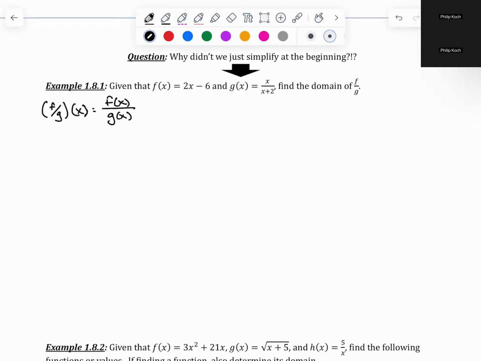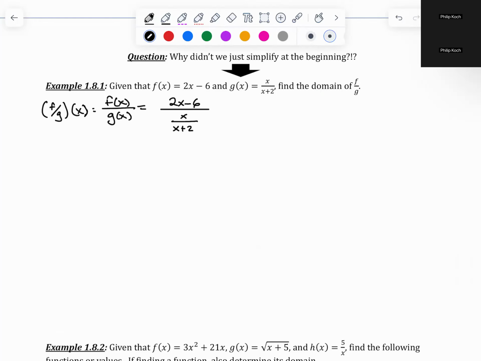So what we do is we rewrite it, and that's going to be f of x, which is 2x minus 6, divided by x over x plus 2. I don't want to simplify yet, and I'll write why in just a moment.